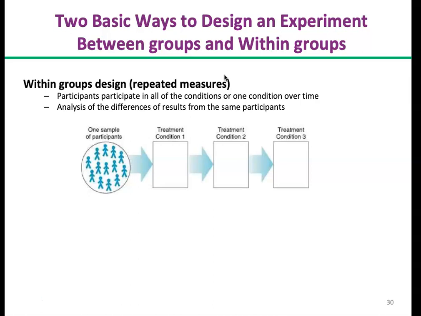Okay? The variation of that is the repeated measures, which means that you're going to test the group, they'll have a treatment, and then maybe 3 months later have another treatment, and 3 months later have another test, and then 3 months later have another test.